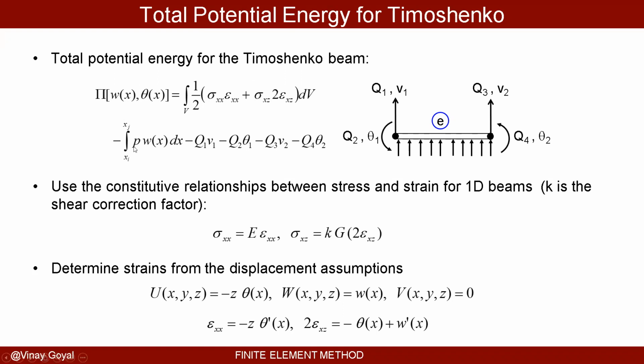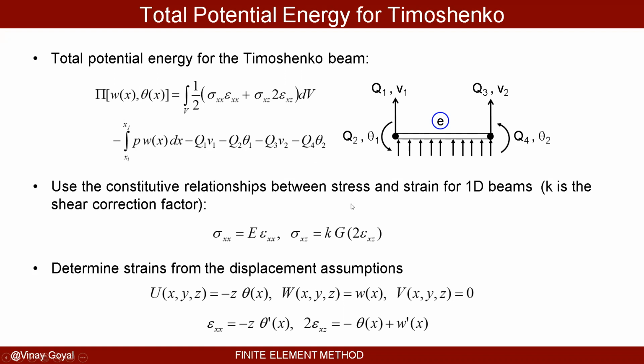And then I have this distributed load P that acts on W, therefore you have P times W integrated between Xi and Xj, and then you have these concentrated loads at these ends, which correspond to each of these values. So Q1 goes with V1, Q2 goes with theta 1, Q3 with V2, and Q4 with theta 2, and that's why you see the correspondence here. And that's the work done due to these forces moving through their deflections.